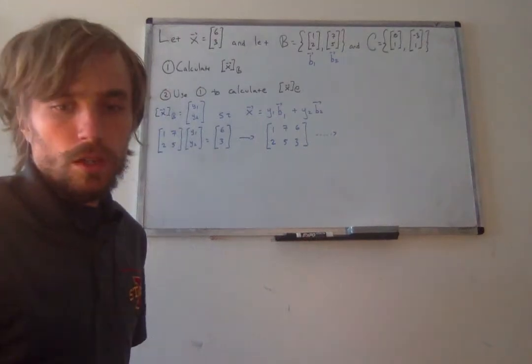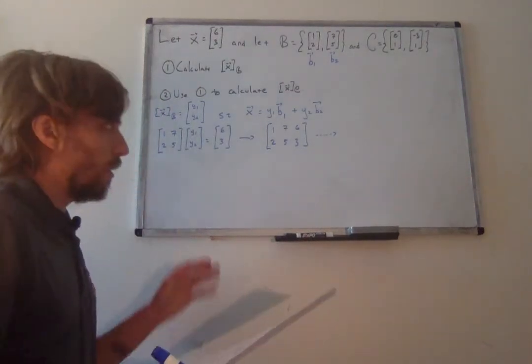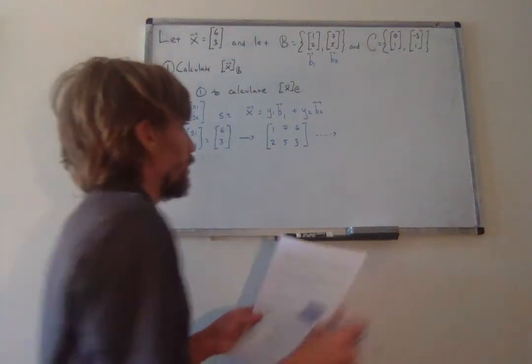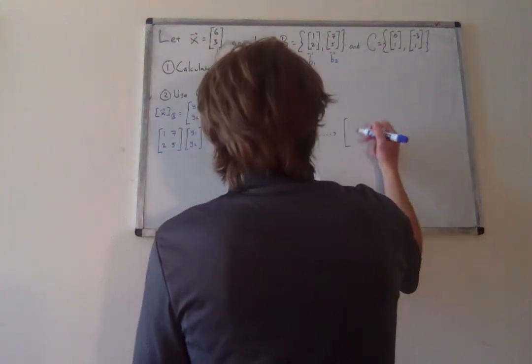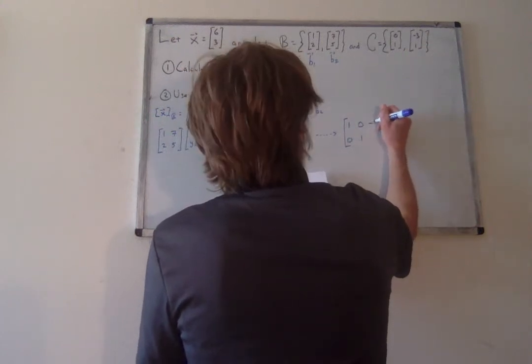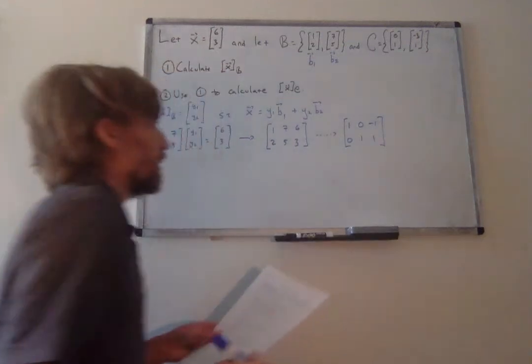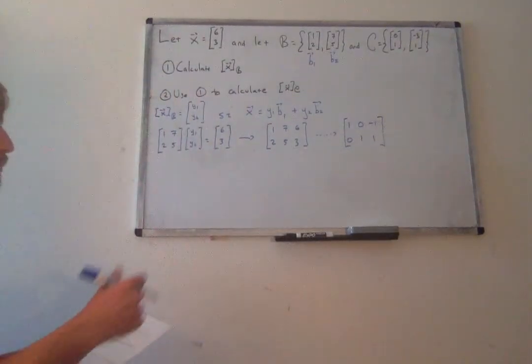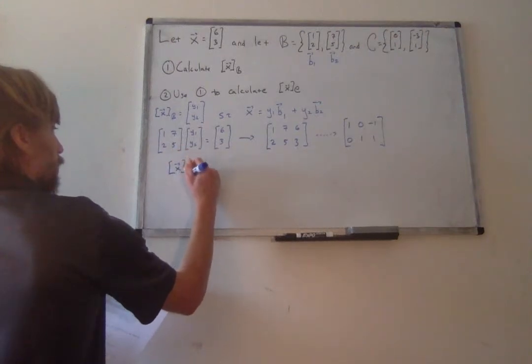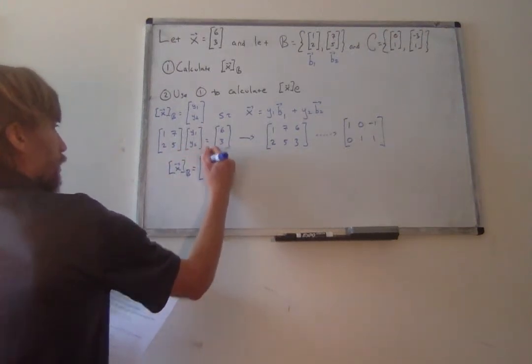There'll be a lot going on, so I'm going to quickly fast forward to the solution after row reducing. So I get that that's the row reduced matrix, and that means that x sub b should be equal to negative 1, 1.